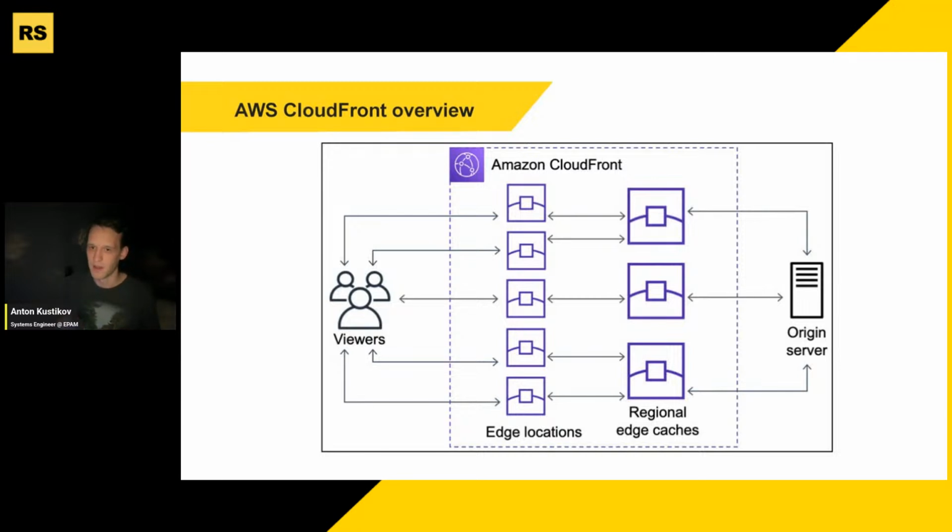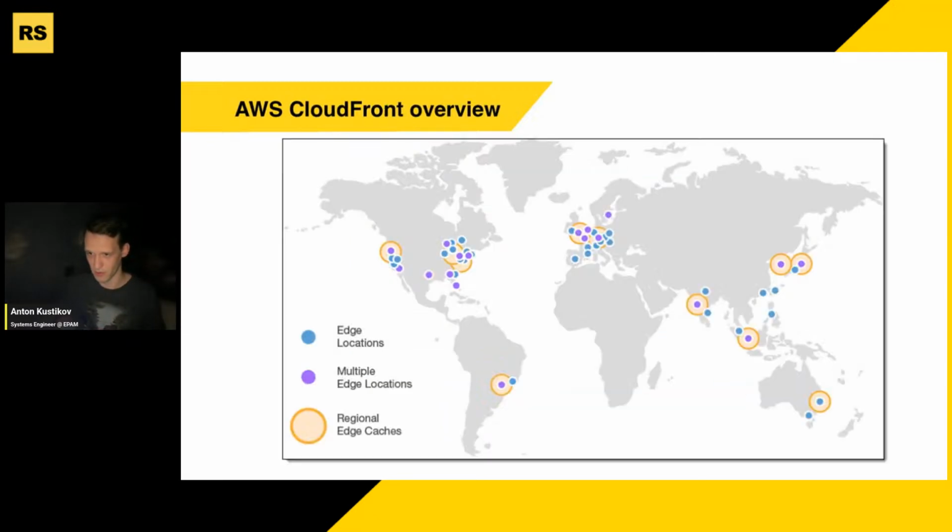Users can access the application with the URL provided by CloudFront, and they will be redirected to the edge locations, which take the information from the regional edge caches.